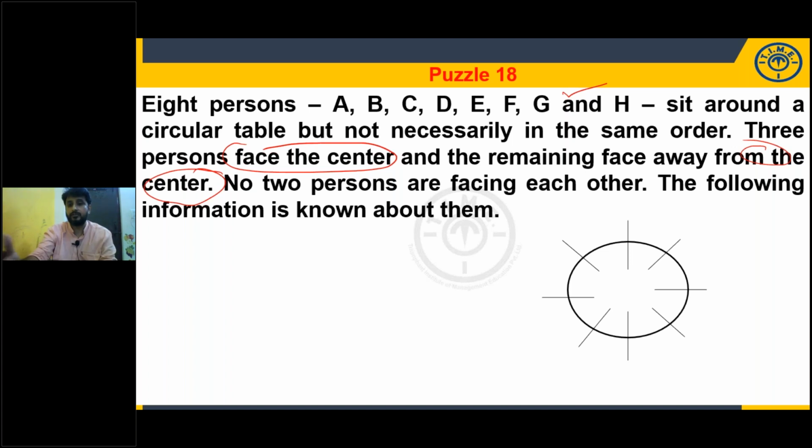While going through the clues, you will get that. And it is mentioned no 2 persons are facing each other. It means persons facing center cannot be like this. They should not be like this, because it is given no 2 persons are facing each other. If one is facing center, other must be facing away from the center. It should be like that only.